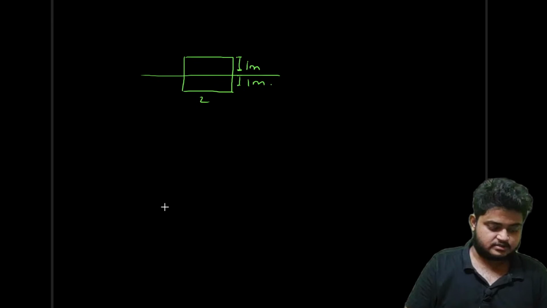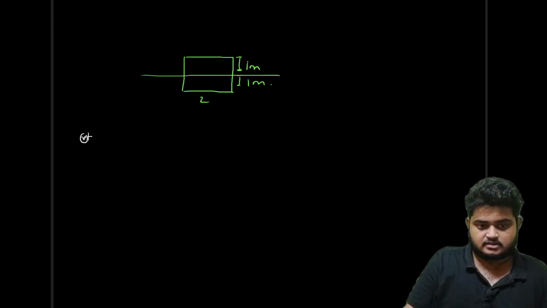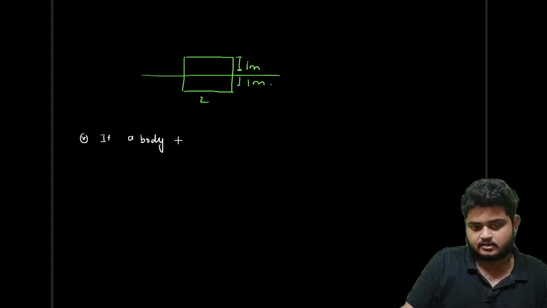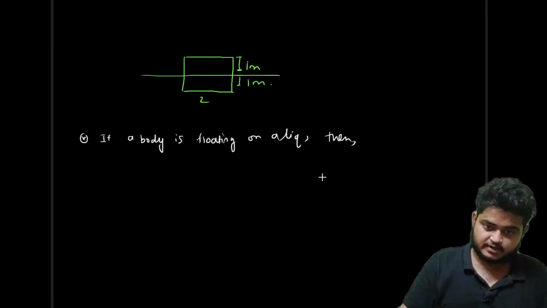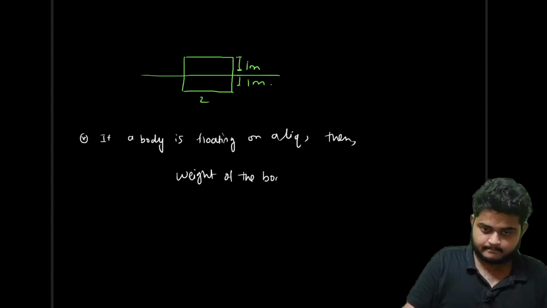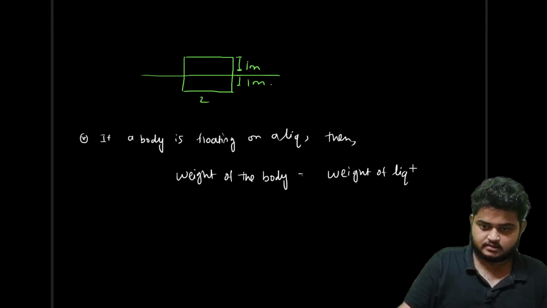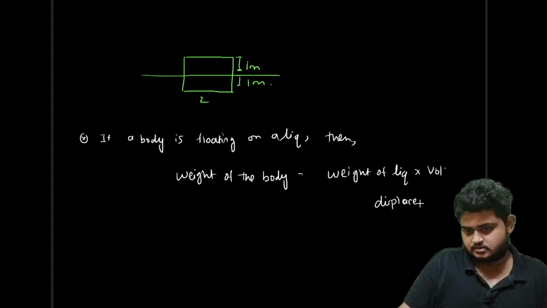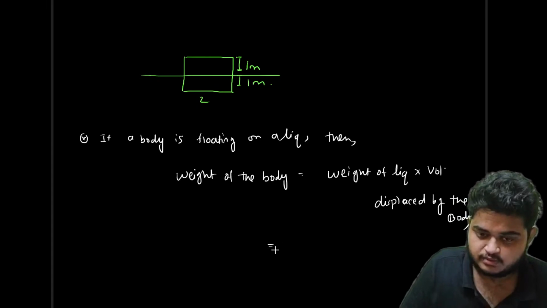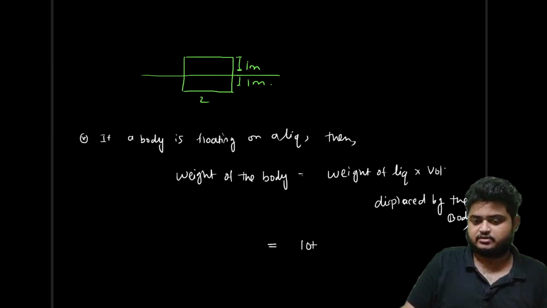So the formula is: if a body is floating on a liquid, then the weight of the body is equal to the weight of liquid into the volume displaced by the body. Unit weight is given as 10 kilonewton.